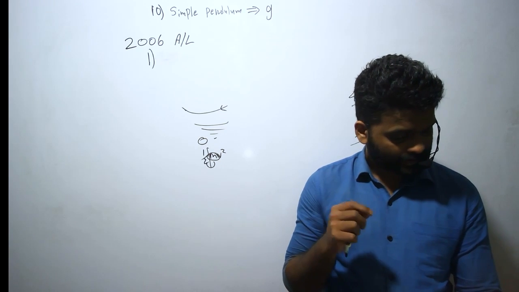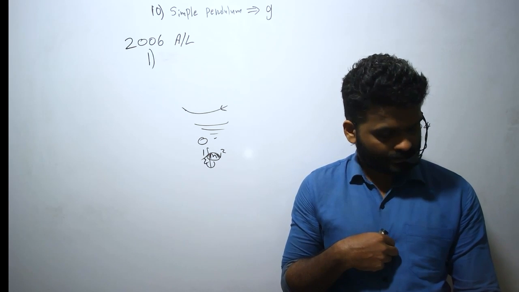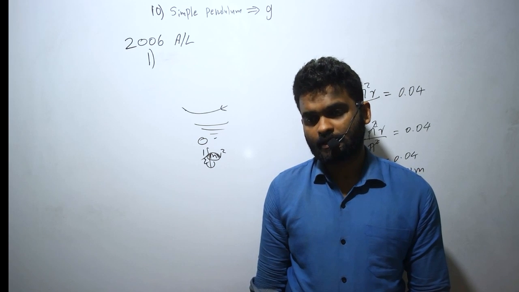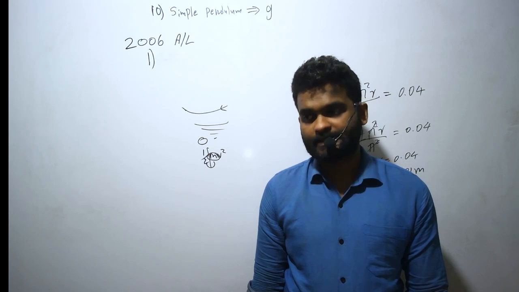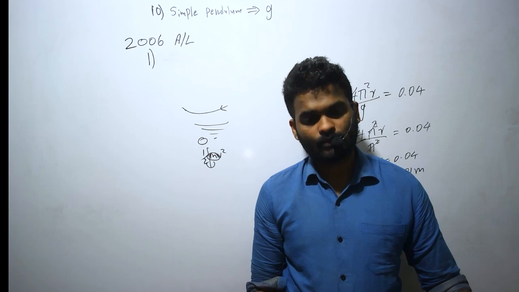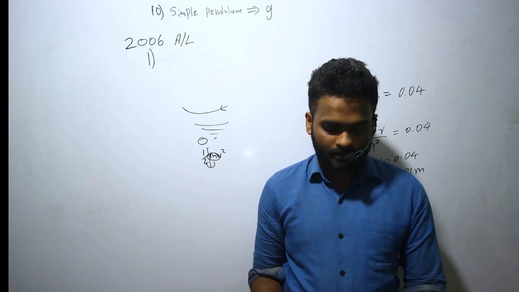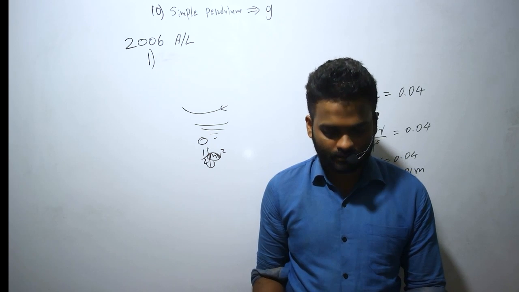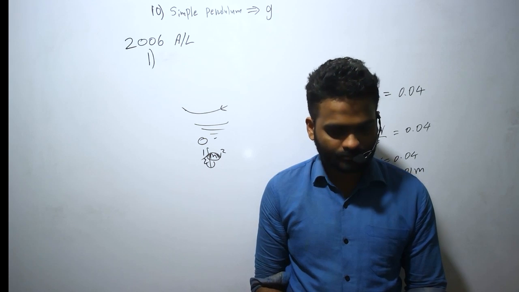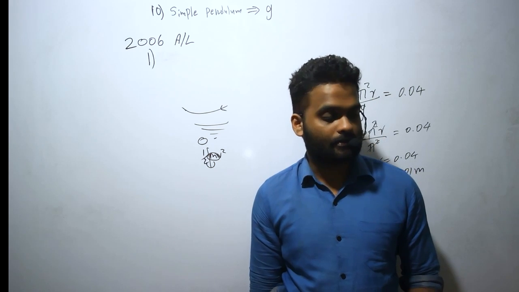So you can write: energy stored in a wooden bob is less compared to a metal bob, right? Okay, so that is the experiment.